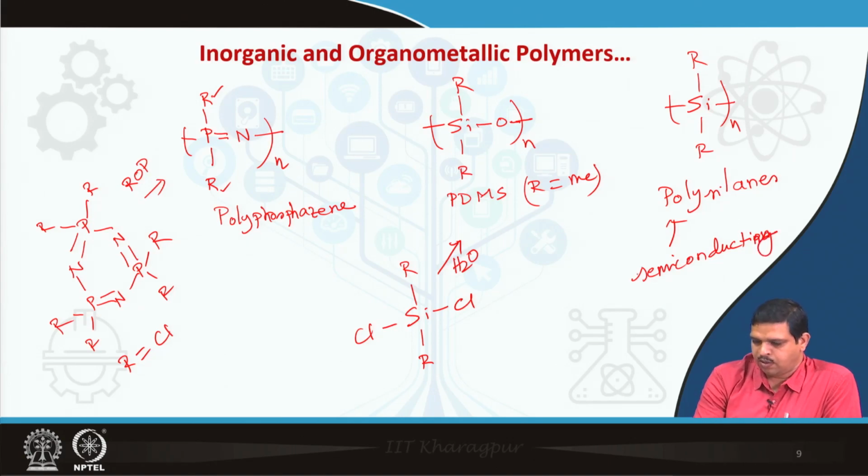And as we know, generally the pi delocalized materials are good for conducting electricity, but here a beautiful property is observed, that is called the sigma delocalization.